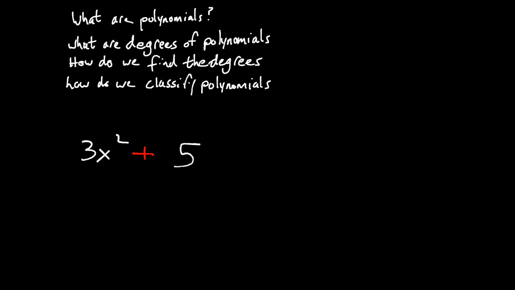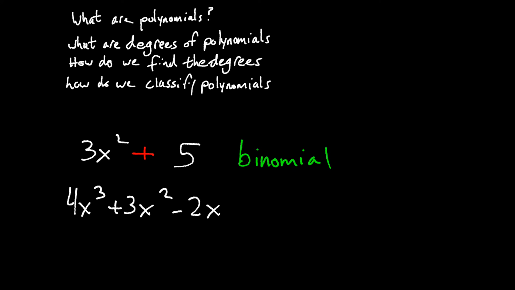And you can have as many addition or subtraction terms as you need. This polynomial right here, because there are two monomials with it, would be considered a binomial. If we had, let's say, 4x cubed plus 3x squared minus 2x, well, here I have three monomials.